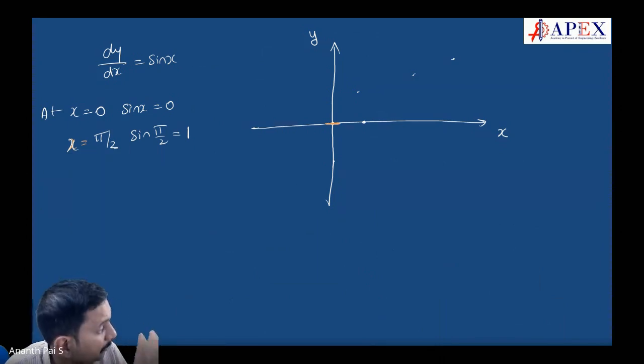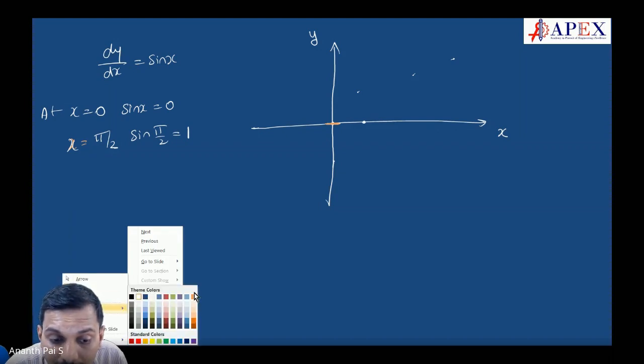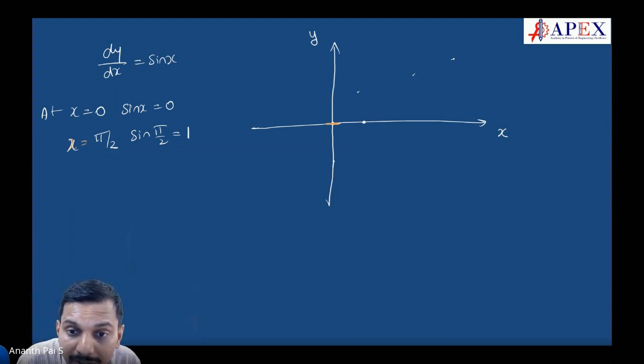It is only dependent on x. So at whichever y you take, it's all this slope. If you consider at any y at pi by 2, the slope is always a 45-degree slope.